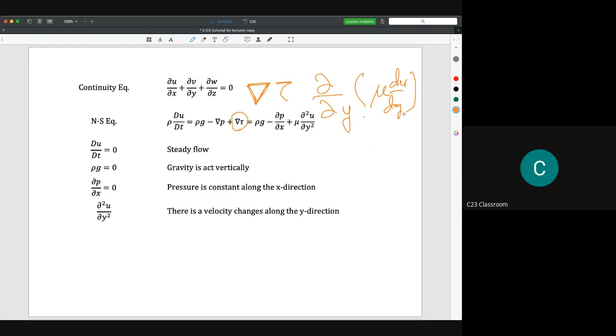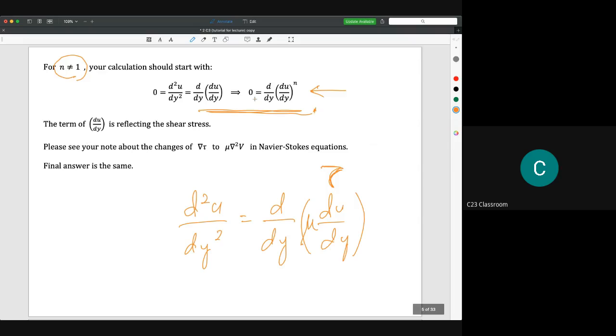So that's why we have mu del square u over del y square. So you must know that the term du dy reflects the value of shear stress, and the d dy, del over del y, reflects the meaning of nabla. I hope you can understand this one.